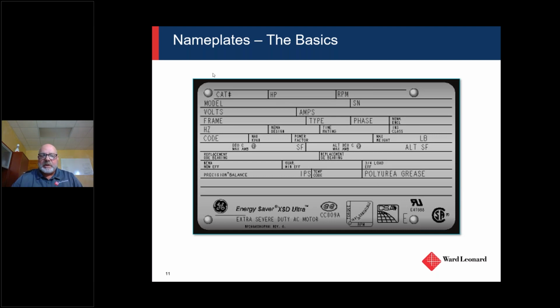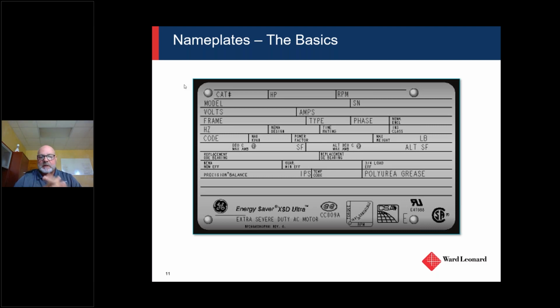But as you apply your motors in the field, what I would suggest, if you do have a way, if you're using asset tracking or some kind of management for your motors, and you have the ability to take a picture of the nameplate and load it into the computer when it's legible and good, I would highly suggest that you do that.